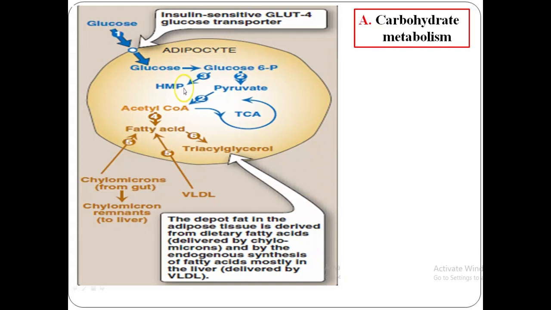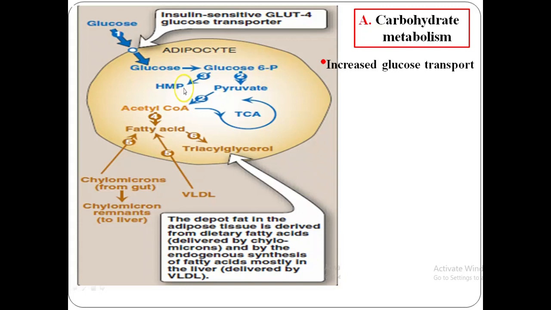Now we will discuss the carbohydrate metabolism in adipocytes. Carbohydrate metabolism in adipocytes is increased due to increased glucose transport. Glucose is taken up via insulin-sensitive GLUT4 recruited to the cell surface from the intracellular vesicles.